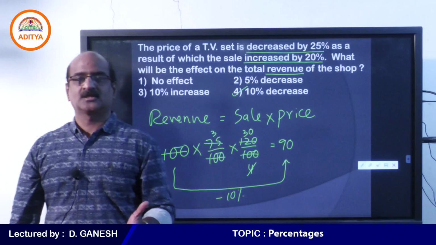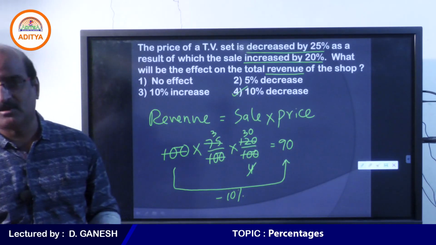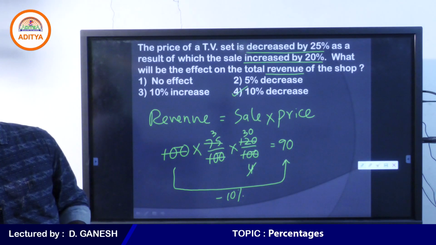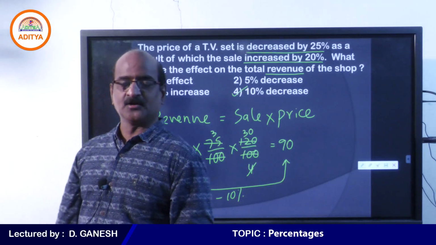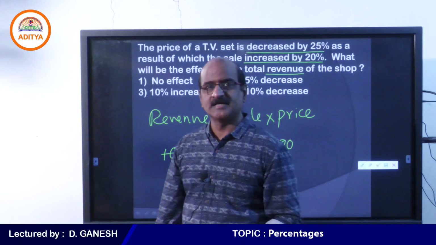So the company thought of improving the sale, but the problem is the sale is not improved. A 25% decrease in the price seems to have no effect. I hope you understand, my dear students. So this is the question.